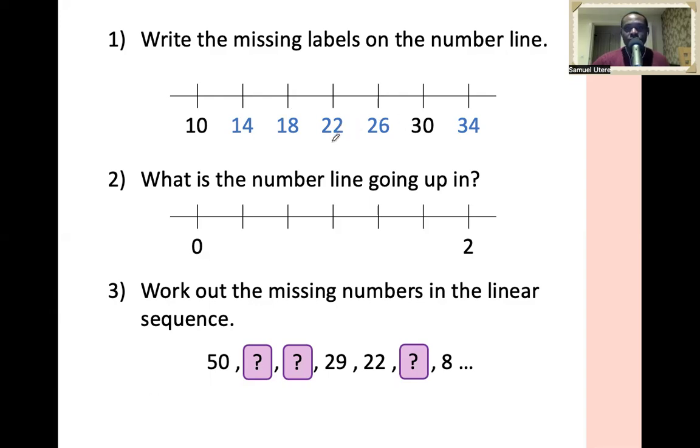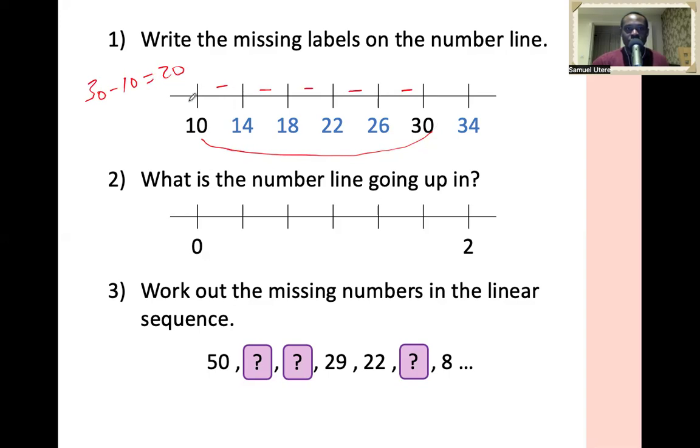Okay, how do we do this exactly? Very quickly, you can see that the difference between this point here on the number line and here is 20. So 30 minus 10 is 20. Now, we have 1, 2, 3, 4, 5 intervals between the numbers 10 and 30.